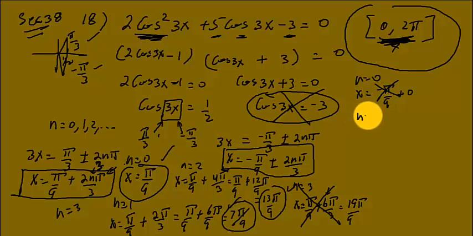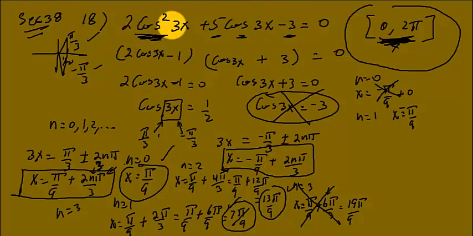So I'm going to let my n is equal to 1. Then I'm going to get x is equal to negative pi over 9, and because I'm only going the positive direction, I can also ignore the negative direction on this. So let's go ahead and erase that so it won't be confusing.